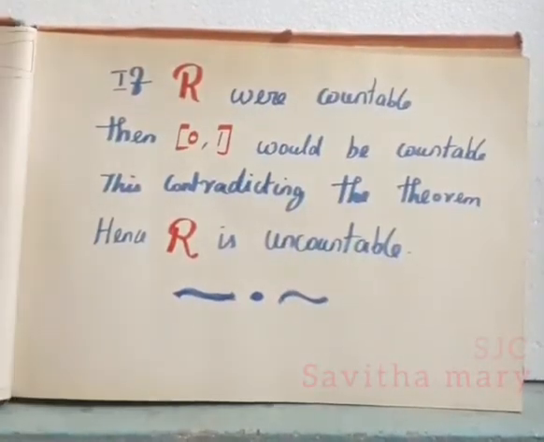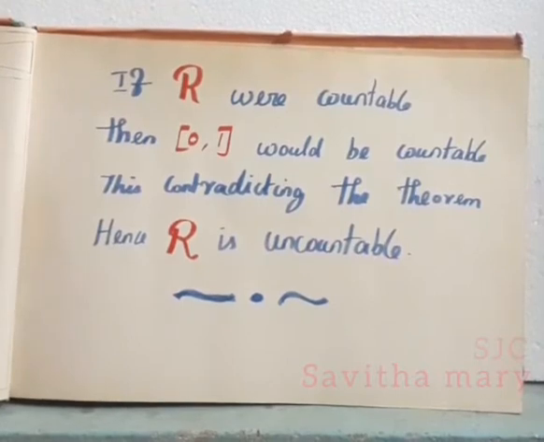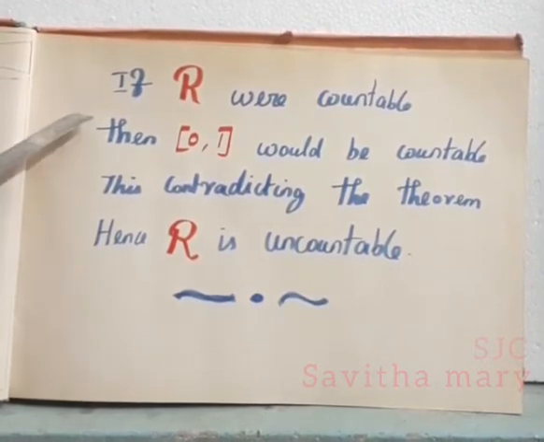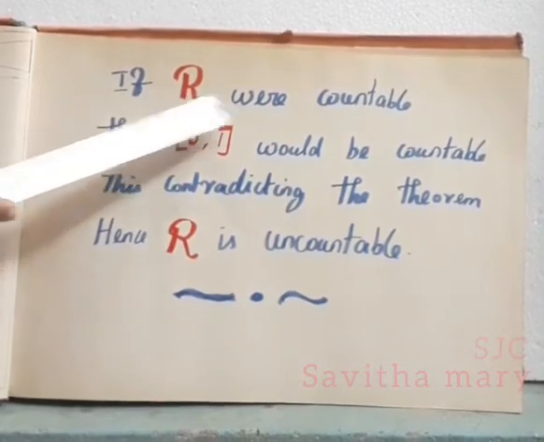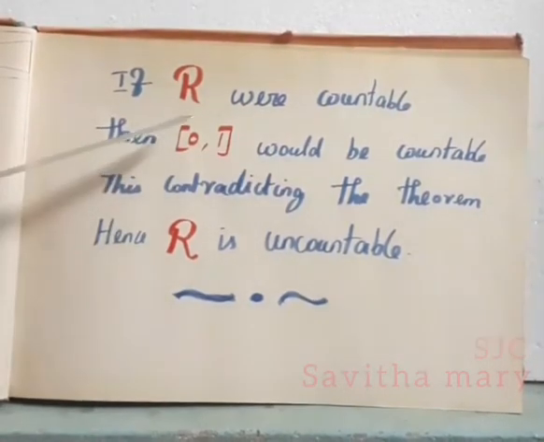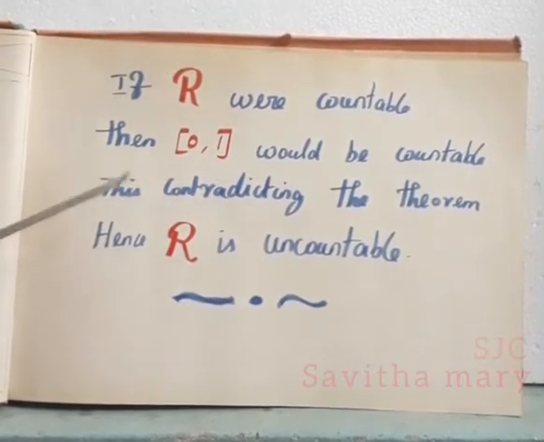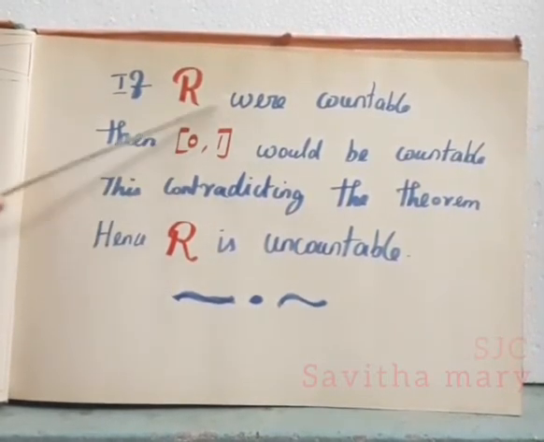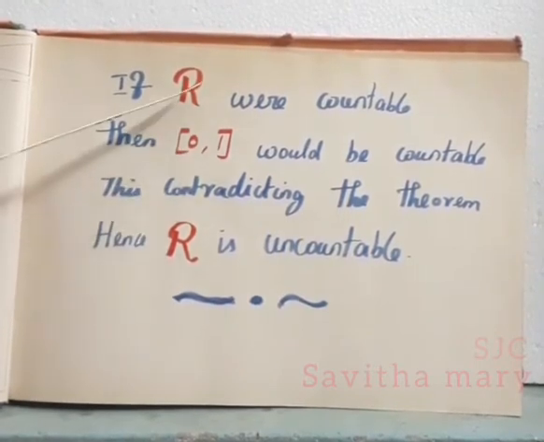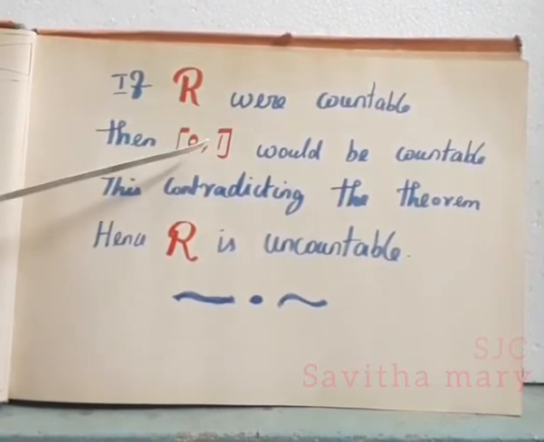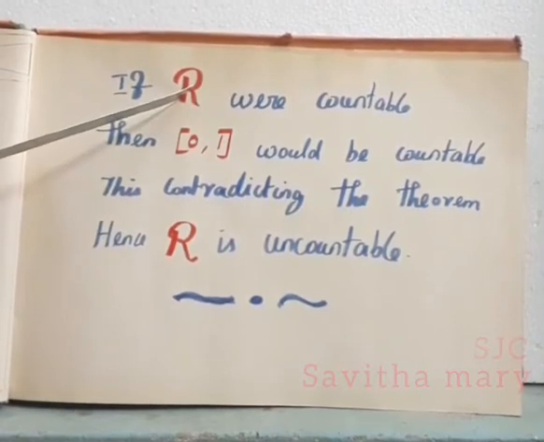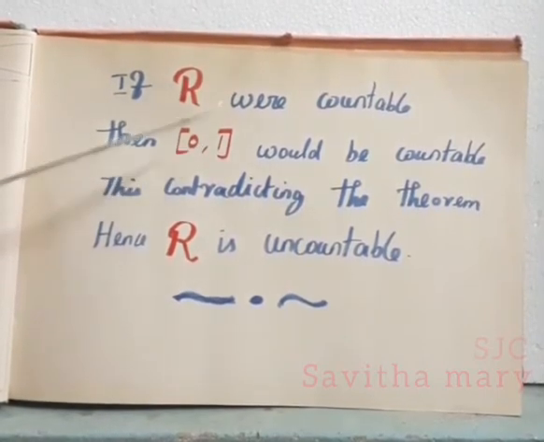Continuing this, I am going to prove that the set of all real numbers is uncountable. By contradiction, I assume the real numbers were countable. If the real numbers were countable, then (0, 1) would be countable, because the interval (0, 1) is part of the real numbers.